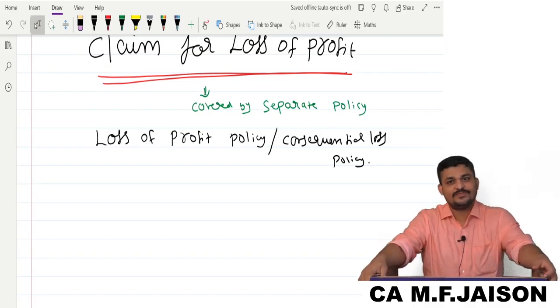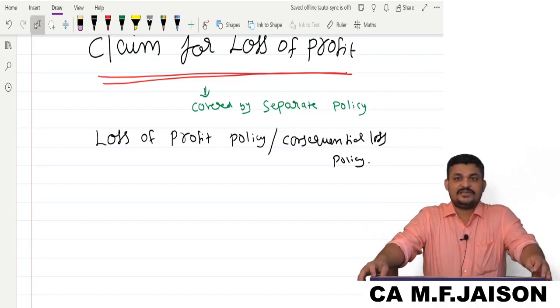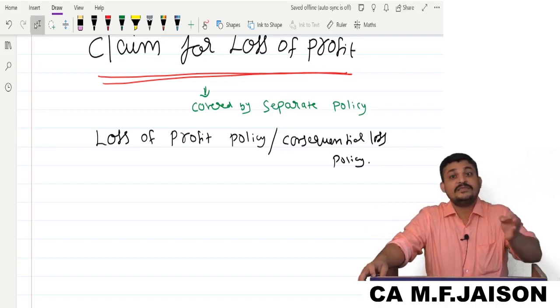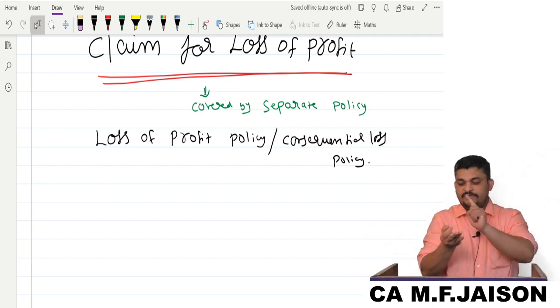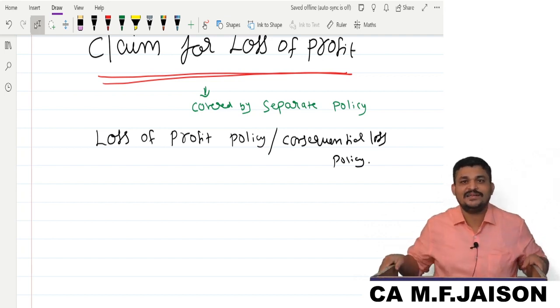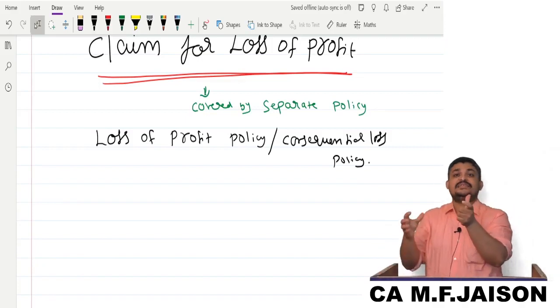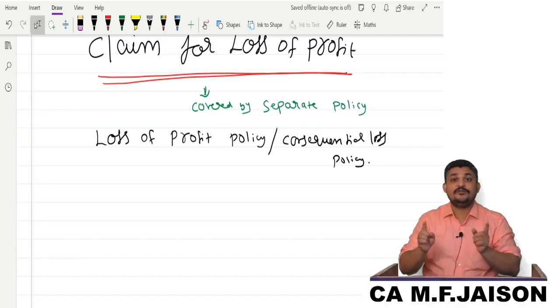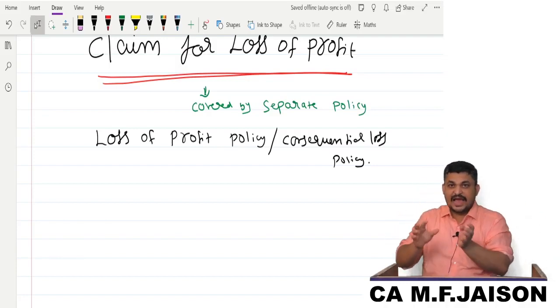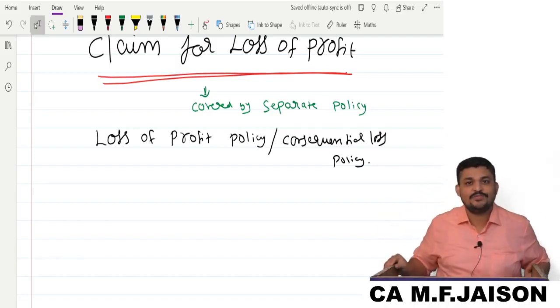So henceforth, if somebody asks you why you lose profit after a fire accident: because you lose sales. Why do you lose sales? Then reasons 1, 2, 3, 4, 5 you can tell. Is that clear to you? Which activity is affected? It is the sales activity that is affected, and thereby you lose profit. Sales is the activity that gives you profit. I hope you are following this.